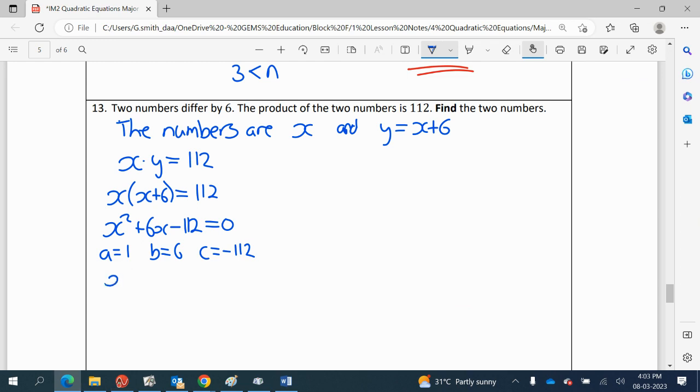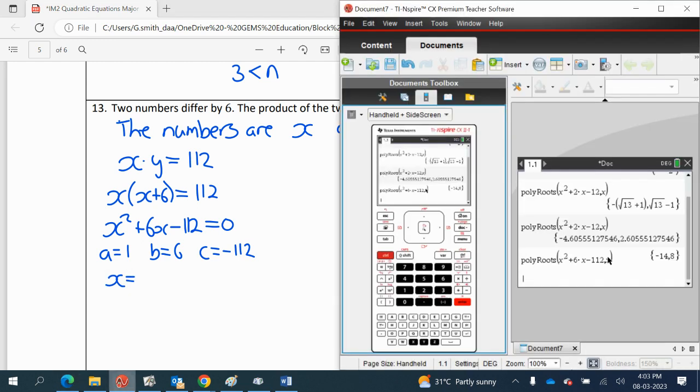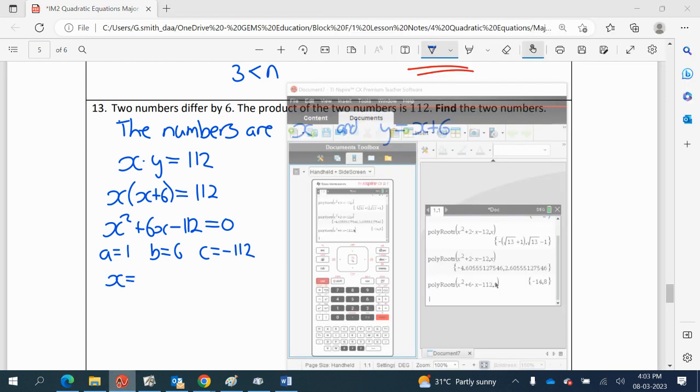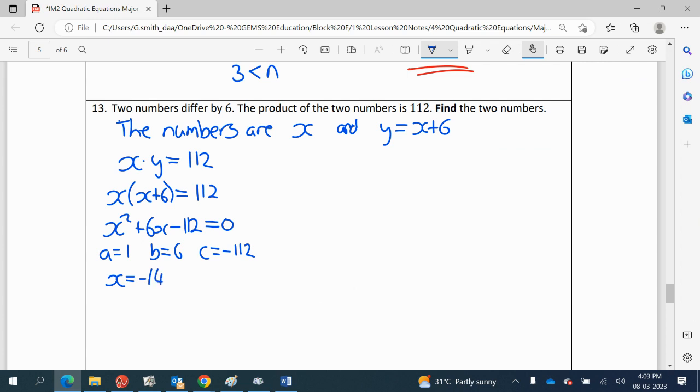So x is equal to minus 14. That would give y is equal to minus 14 plus 6 equals negative 8. Or our second set of solutions is when x equals 8, y is equal to 8 plus 6, which is equal to 14.